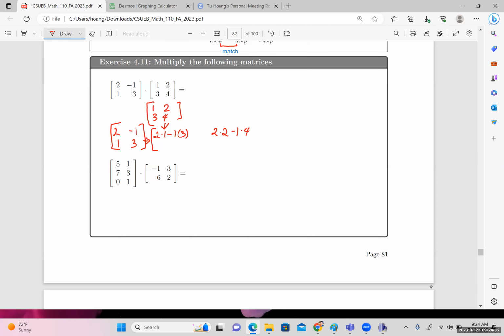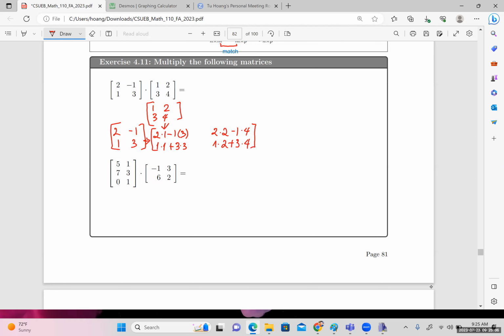Okay, the next row will be 1 times 1 plus 3 times 3. And then we have 1 times 2 plus 3 times 4. All right.